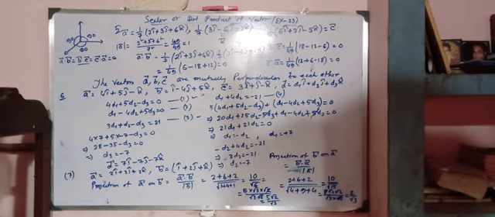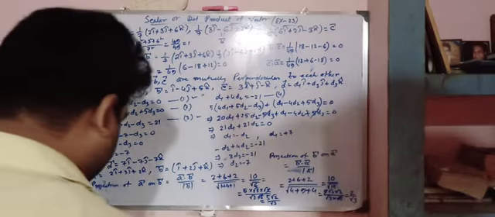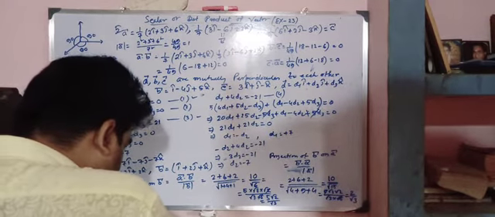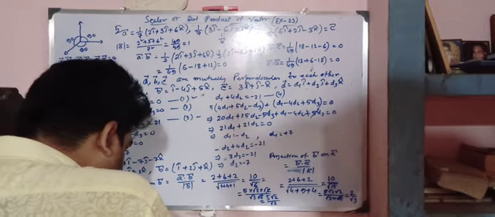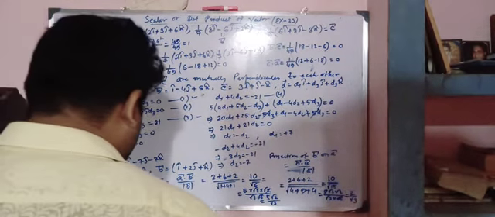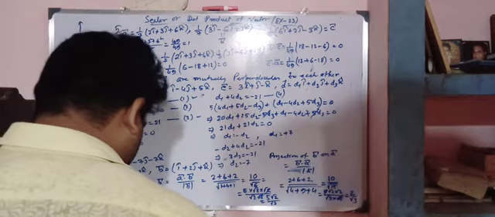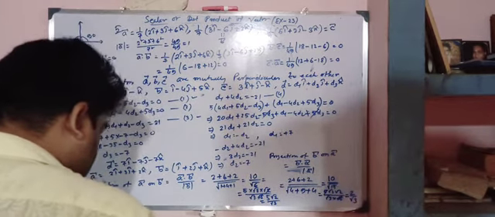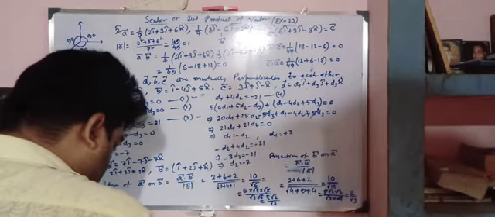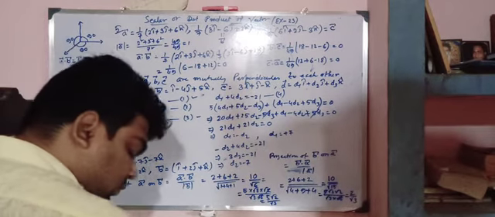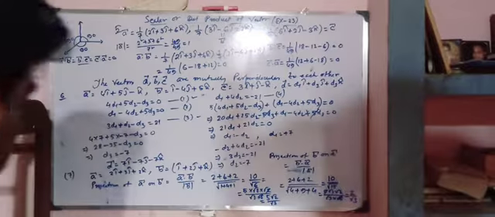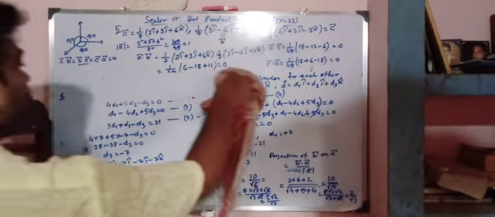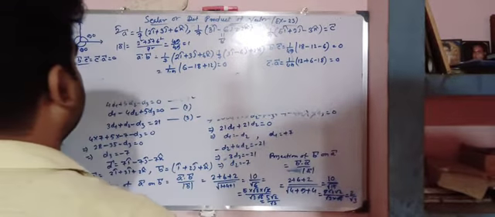Next, move to another question. The question is given here: find the projection of a vector in direction of another vector. That is question number 8.